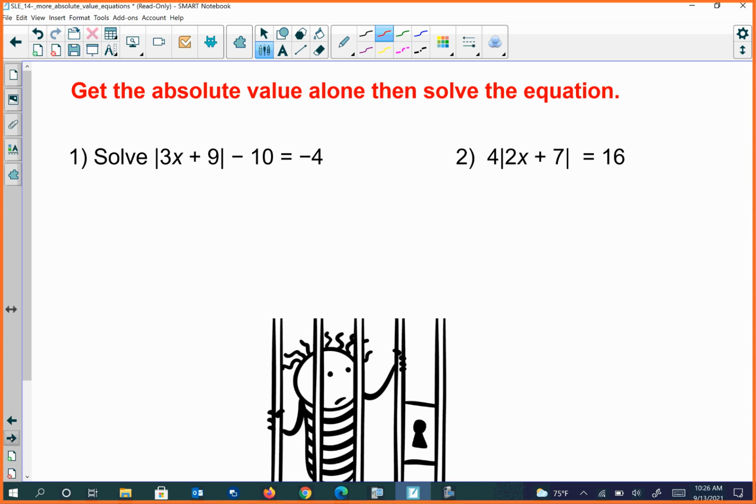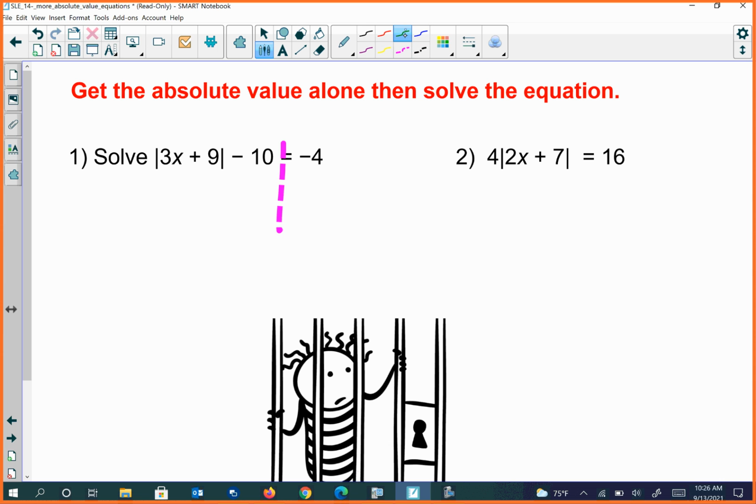So problem number one, as you look at it, you might say there must not be any solution because I have this negative 4 there. But before we can use that terminology, we have to get the absolute value sign alone. I'll do that by adding 10 to both sides first, keeping the absolute value sign.